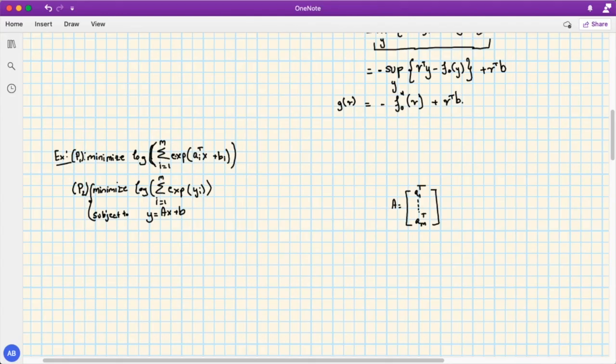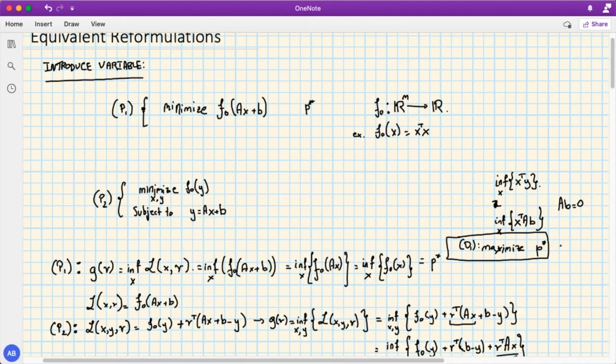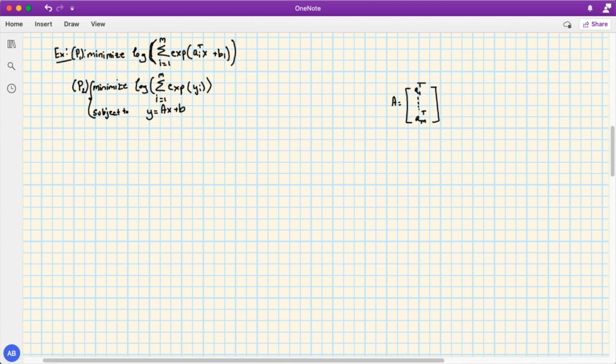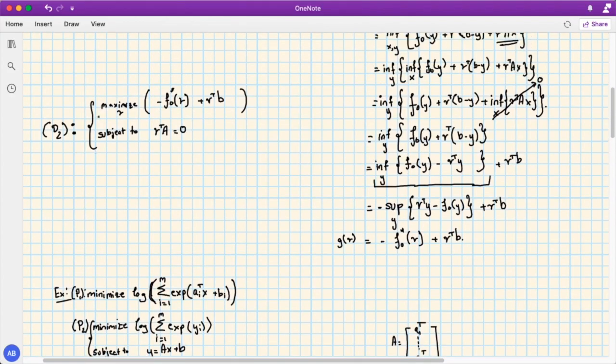If I were to write the dual of the first problem, it would only be to maximize p star, the optimal value of the problem. This is why we're not going to write down D1; we're going to instead write down D2, the dual of P2. D2, from what we know from the previous example, is this.